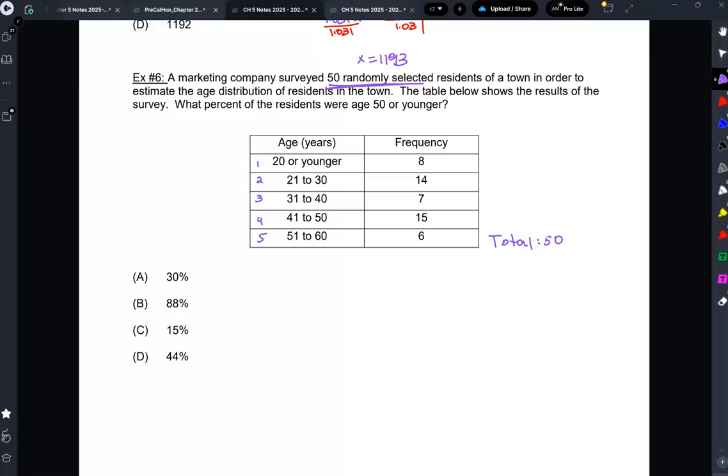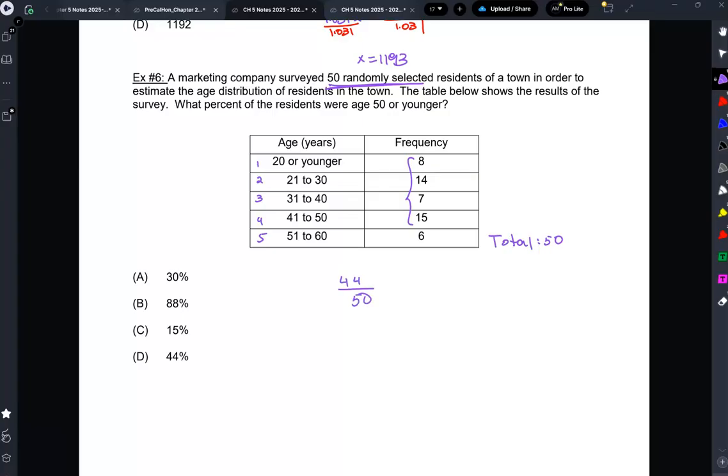Now, there are 1, 2, 3, 4, 5 blocks here. Let's decide which one of these blocks is going to be included in our calculation. So we want the people who are 50 years old or younger. So is 1 going to be included? Yeah. How about 2? Yes. 3? Yes. 4? Yes. 5? No. So these are the ones that are going to be included. How many is that? 44. So it's going to be 44 out of the total 50.